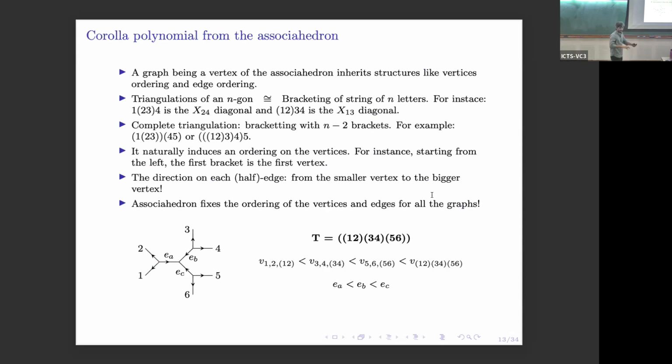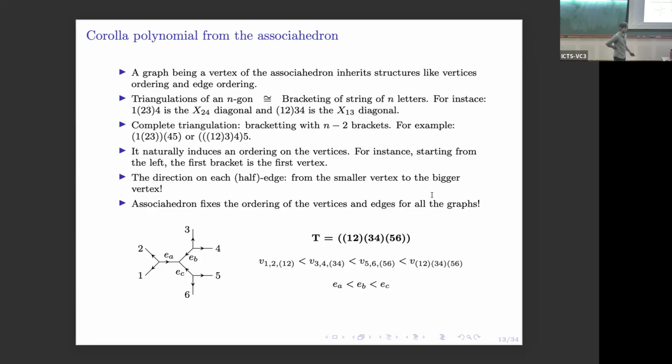Before we evaluate these things, let's just say that we can make these Corolla polynomials from the information that the associahedron has. A graph, being a vertex of the associahedron, inherits structures like vertex ordering and edge ordering. And how do we see that? A complete triangulation of an n-gon is isomorphic to bracketing of strings of n letters.